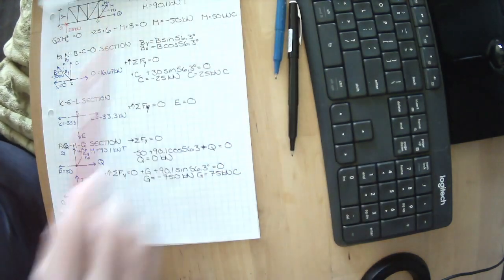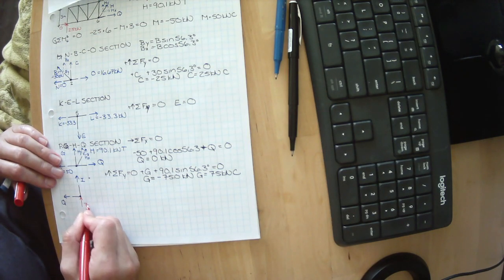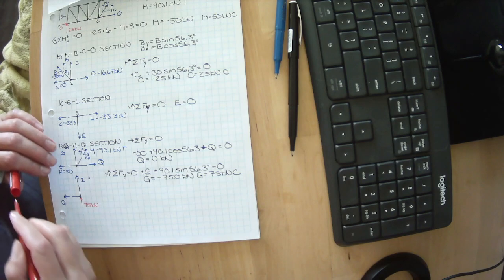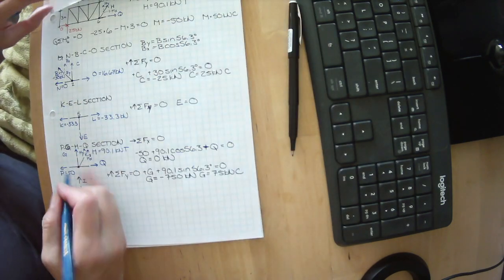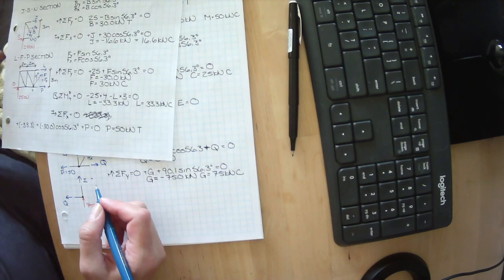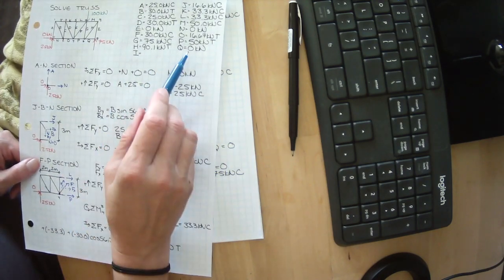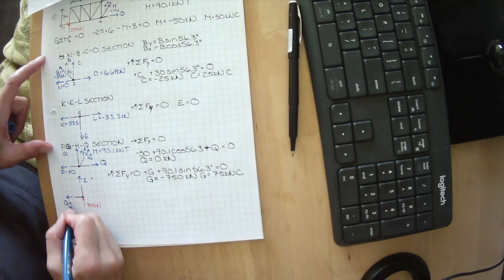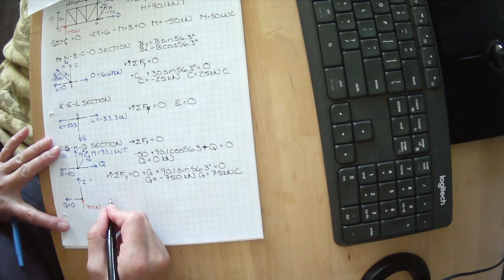We have at this node a reaction of 75 kilonewtons. We don't want to forget that. I, we don't know what it is. I is what we're still looking for. But Q, we already solved, equals 0. Oh, this one looks nice and easy.